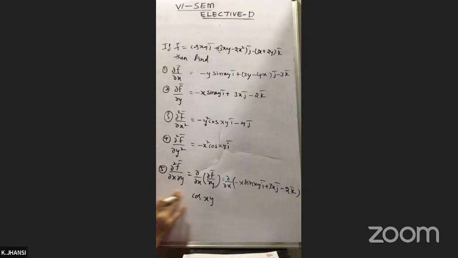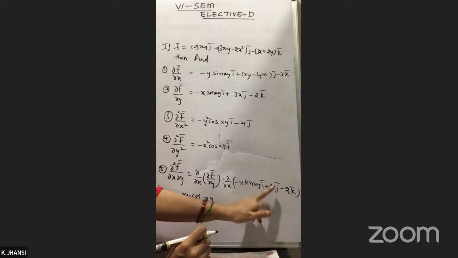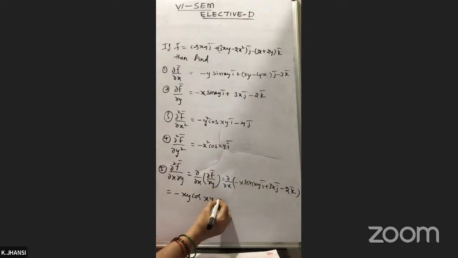So you will get minus xy cos xy, and this is with respect to x, so it will become 1. So this is the answer for ∂²f/∂y∂x.